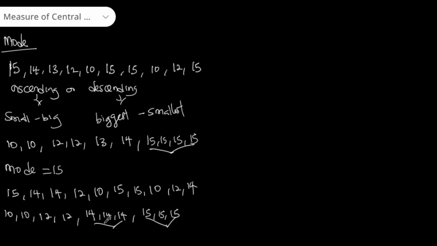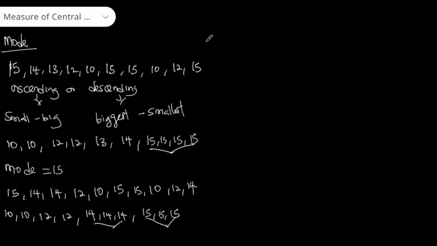Now, which of them is our mode? Very simple. In a situation where you have more than one mode in a data, that is, we have 2 numbers that occur the most, then it is called bimodal. That means that a data can have more than one mode.